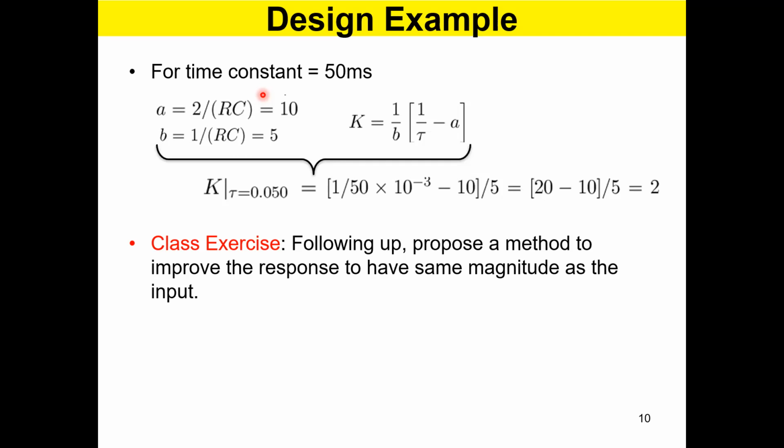Now, if you adjust it further, maybe you can try getting DC gain, but you will not be able to achieve 50 millisecond time constant. So now you can't adjust K anymore because you have already used it and set it to have 50 millisecond time constant.